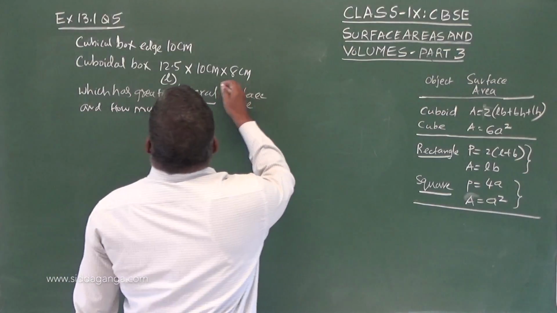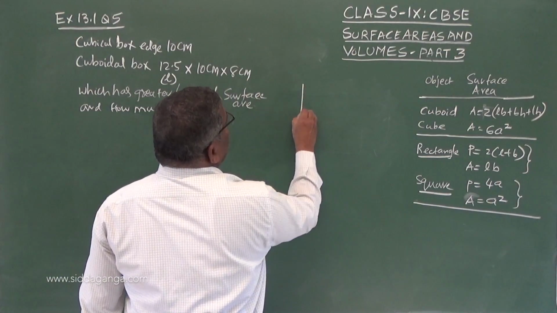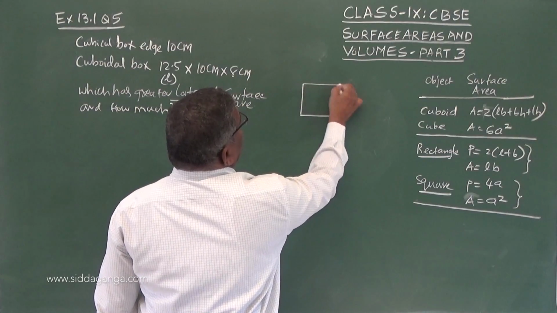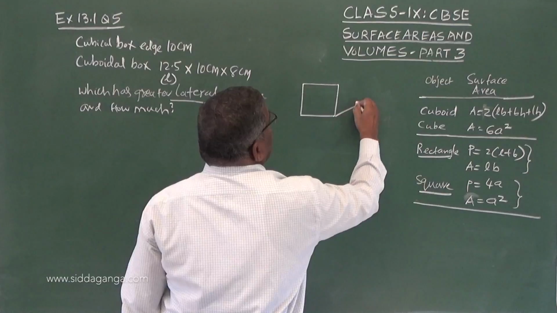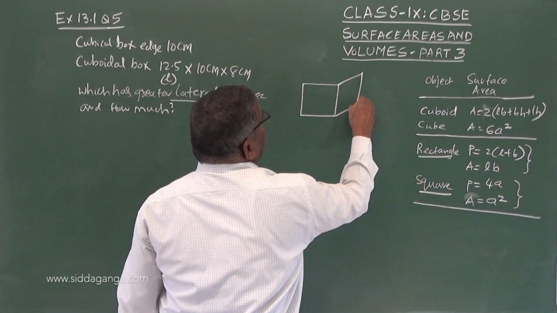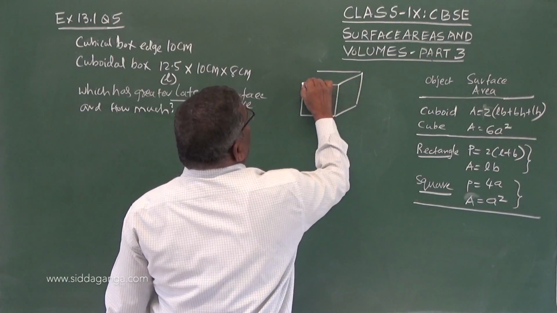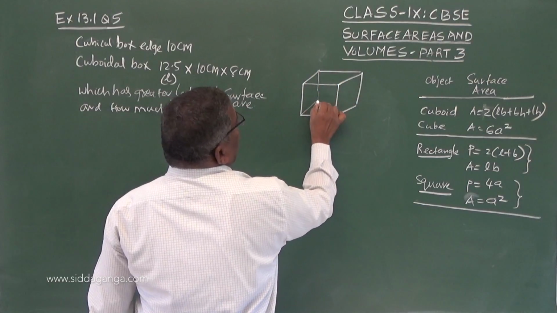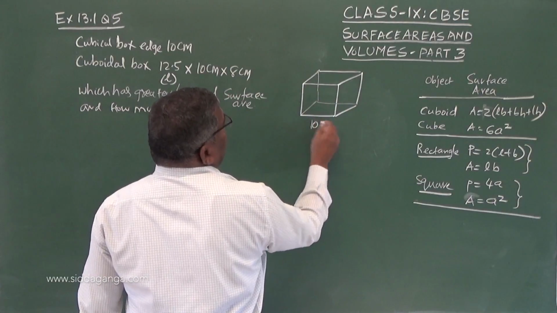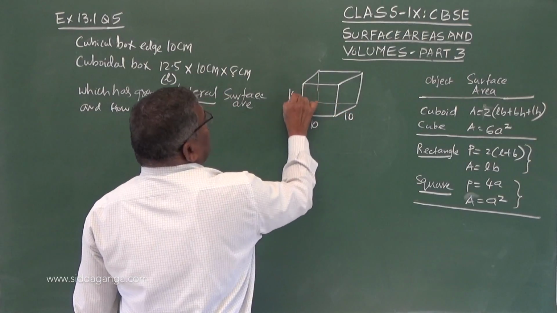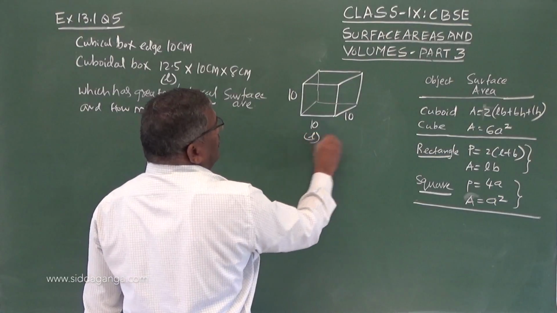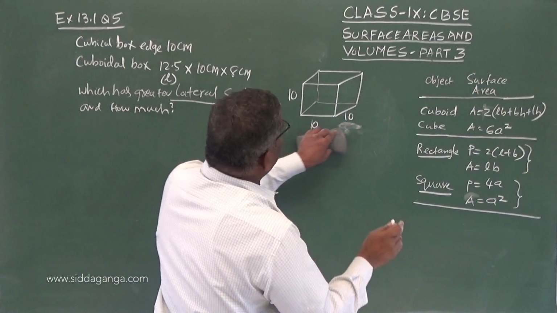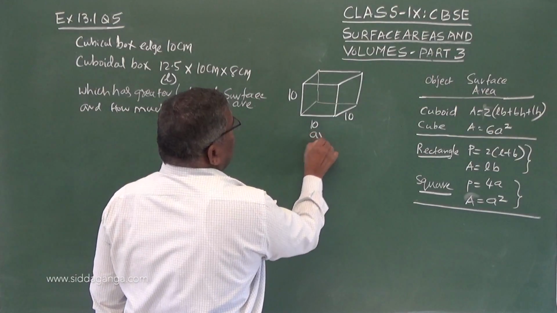So now the cube is 10 centimeters. Quickly I will draw the diagram. This is the cube. So this is having 10 centimeter, 10 centimeter, 10 centimeter. This is L, B, H. This is cube, we call it as a.